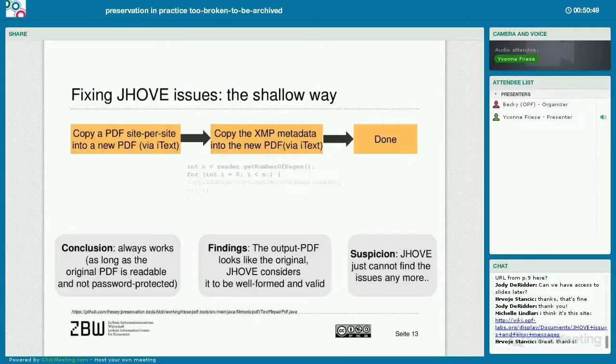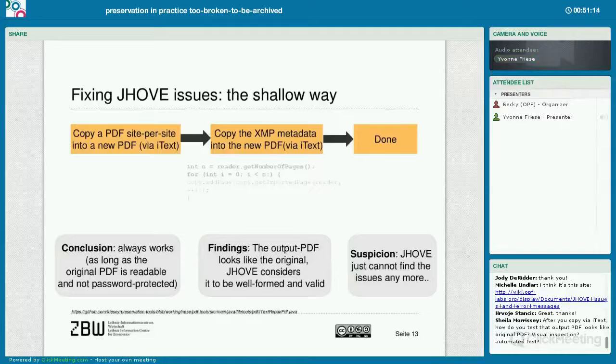You can't tell the difference just by looking at it, and it's always well-formed and valid. If you can still open the PDF in some PDF viewer, this shallow program is able to read it. But the suspicion is that the issues might still be there. JHOVE just can't find them anymore.